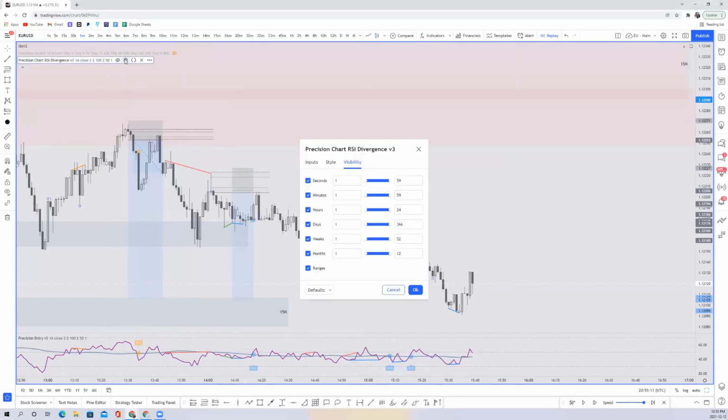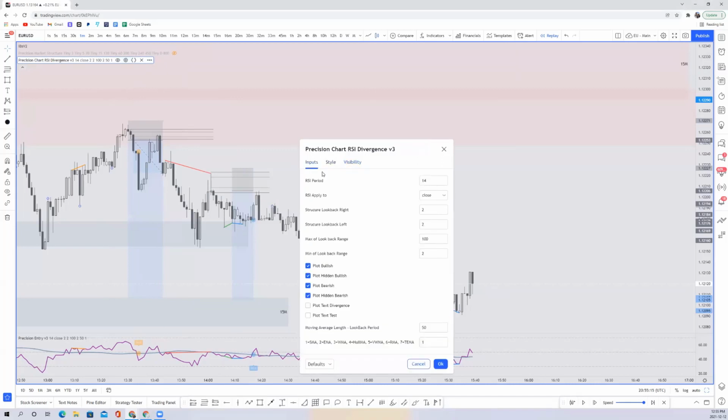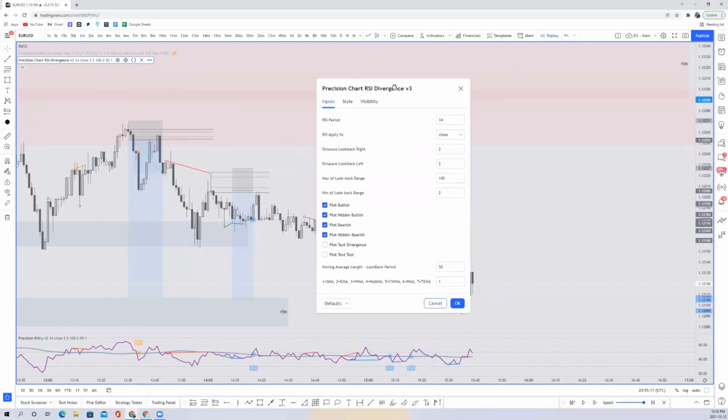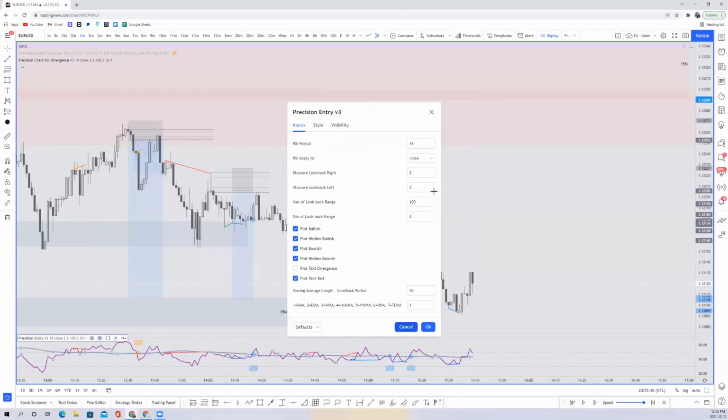You can adjust them to whatever you want: the RSI period, how many candles you want them looking left and right. This one's set to 2. You can make all the words appear on the screen. I find it's really noisy, so I turn them all off. Whatever you do to this indicator, though, you have to go and match settings on this one.